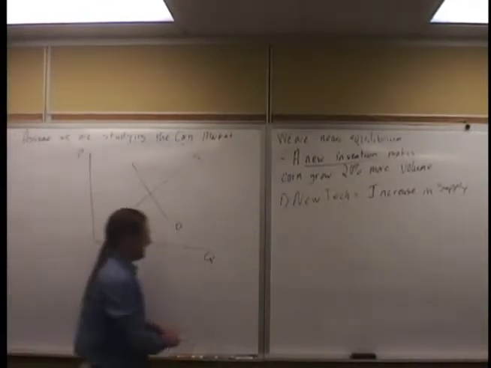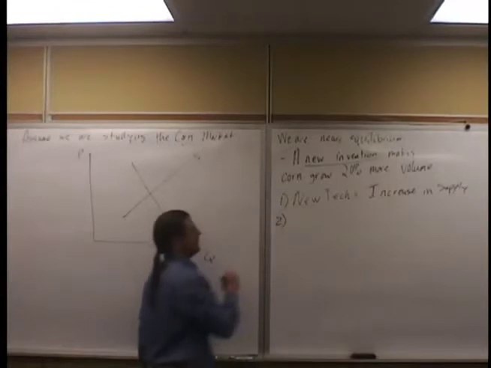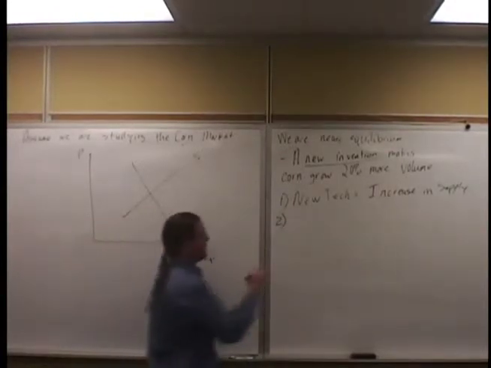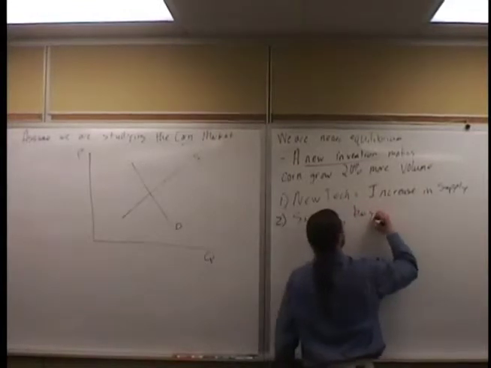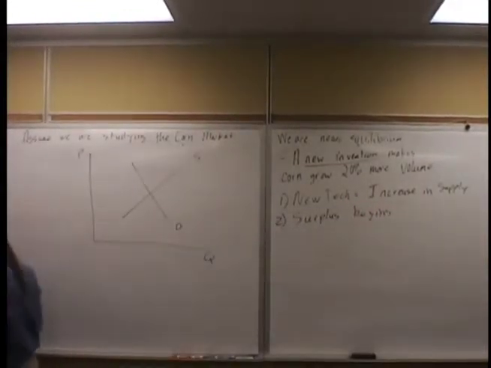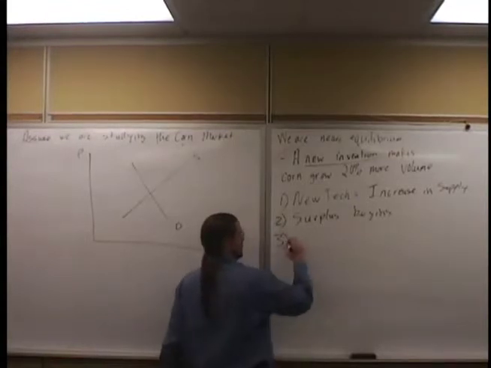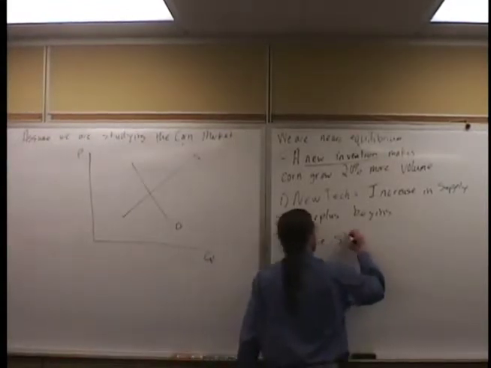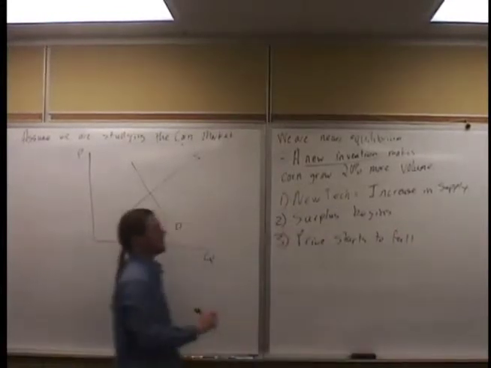So, what follows an increase in supply? Right, there's more being made. Surplus begins. More supply, more stuff out there. Surplus. What always follows a surplus? Price starts to fall, because that's what always follows a surplus.